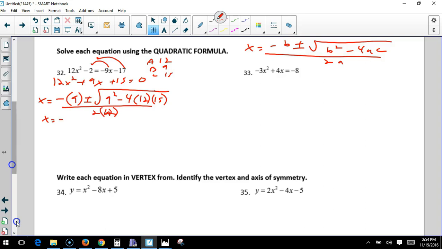So, x equals negative 9 plus or minus 81 minus 4 times 12 times 15. 720 over 24. 81 minus 720 is negative 9 plus or minus the square root of negative 1 times 639 all over 24.